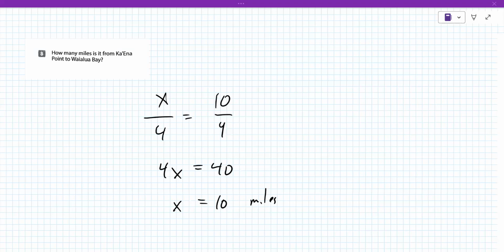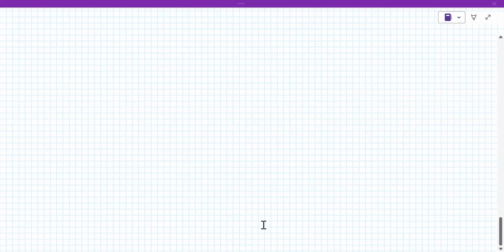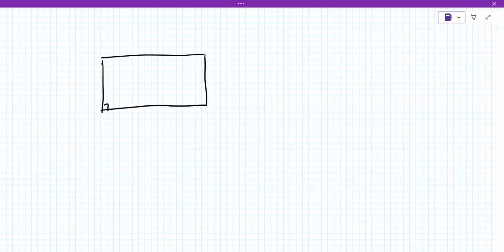All right. Let me look for some problems here. All right, so here, let me throw up a problem in front of you. Let's say I give you a rectangle, and I tell you that this side is 16.2 and this is 11 centimeters.